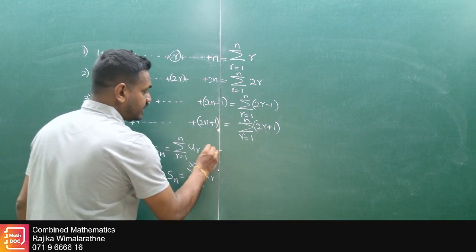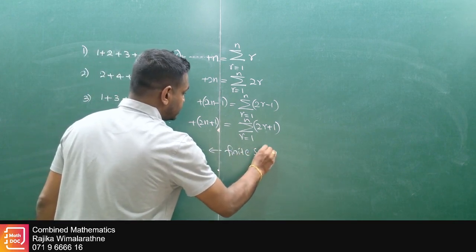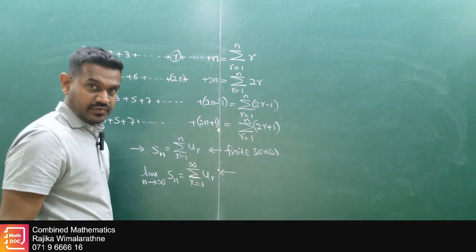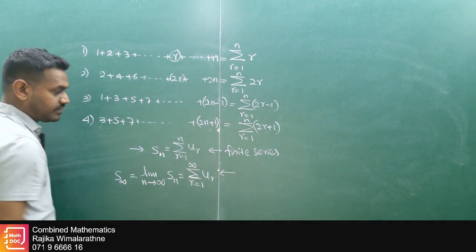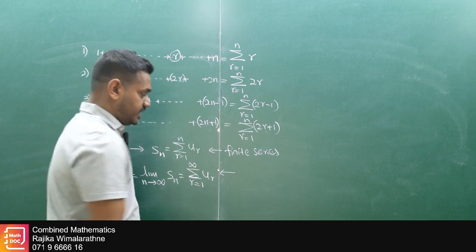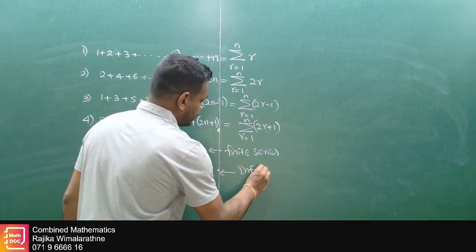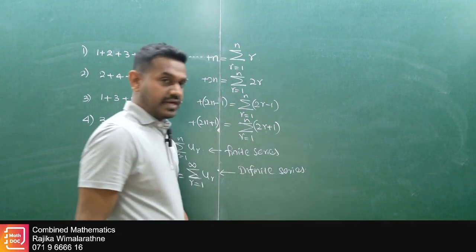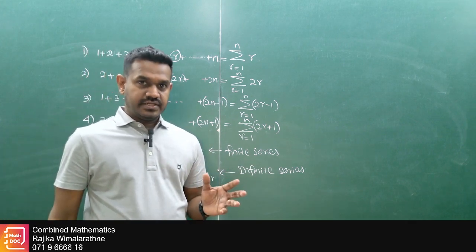Here this is a finite series, and this is an infinite series. It has an infinite number of terms. We can denote this by S infinity. We call it an infinite series. This is the thing about sigma notations.